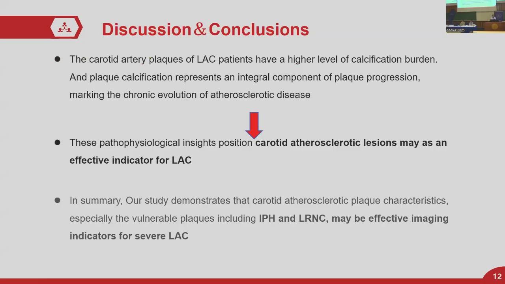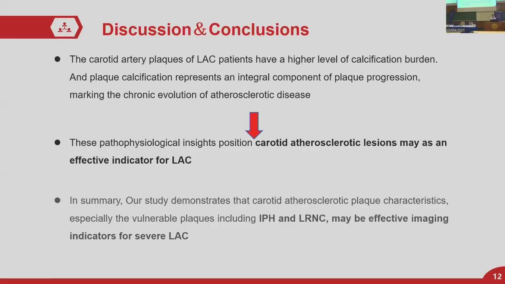The carotid arterial plaques of lacunar infarction patients have a higher level of calcification burden, and plaque calcification represents an integral component of plaque progression, marking the chronic evolution of atherosclerotic disease.